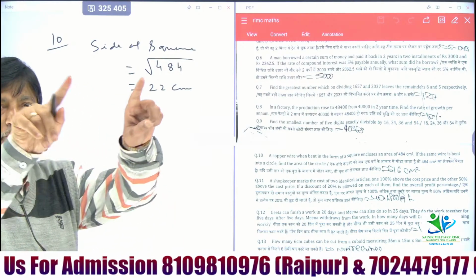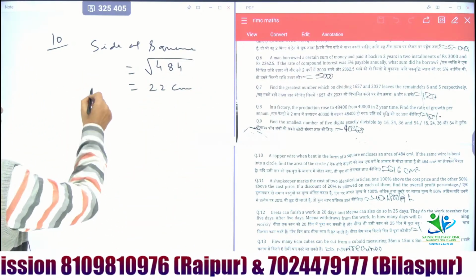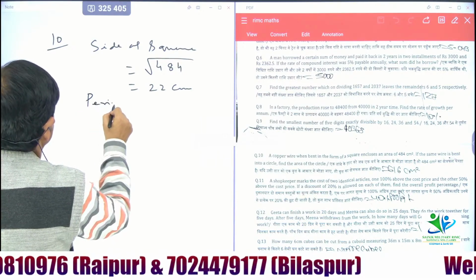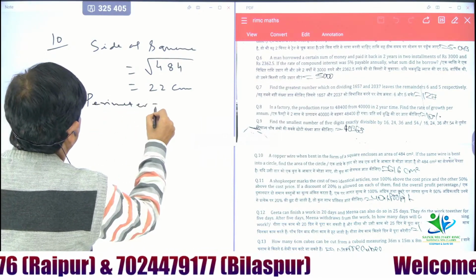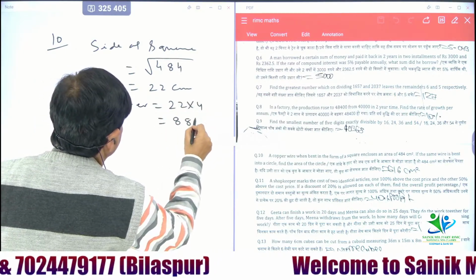Now in a square, where will the wire be used? In the perimeter. Now you have to calculate the perimeter of the square. Perimeter is 22 into 4, that is 88 centimeter.